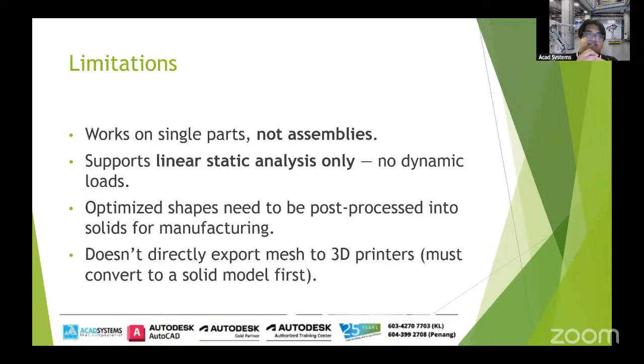For example, if you have a bracket that you just finished optimizing, you still need to draw it out, work out all the parts that are going to be removed, and remove them from there. And of course, since it is still not a solid, you can't just directly export the mesh to 3D printers.